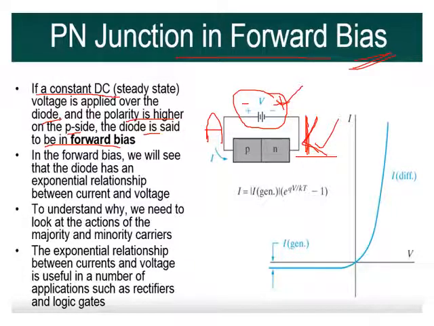In a forward biased diode, we see that the diode has an exponential relationship between current and voltage. The graph you are seeing here shows this exponential relationship.